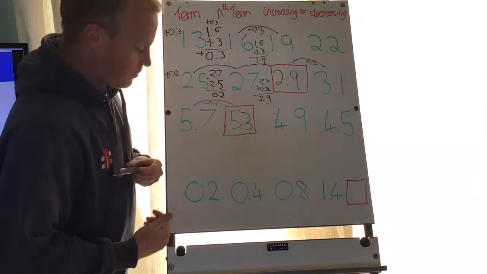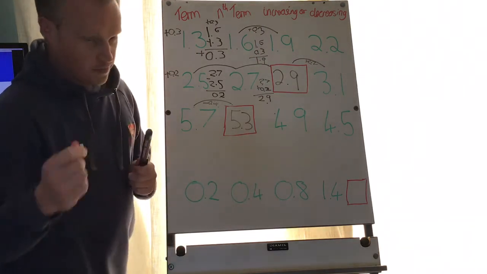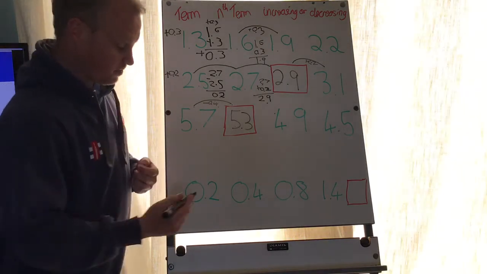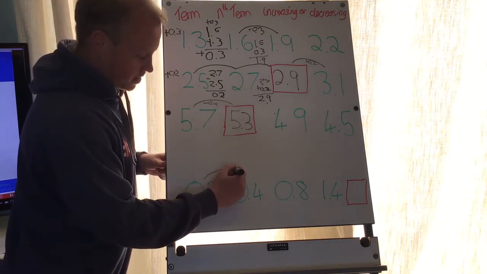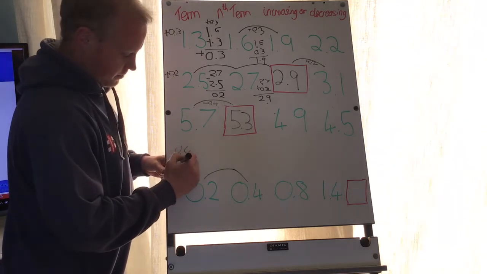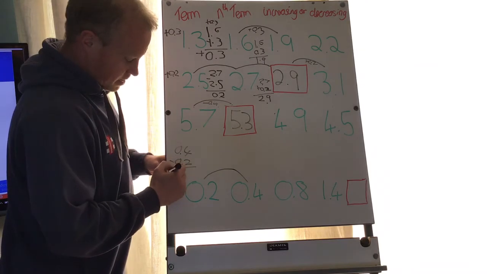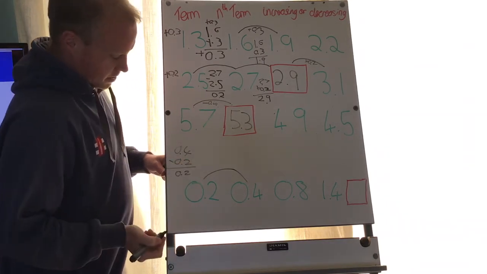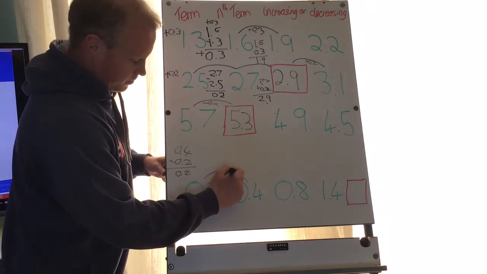Sometimes they don't increase by a constant amount. The trick here is you need to get down as much information as you can possibly work out. So I'm going to look at this jump here. 0.4 take away 0.2 means there was an increase of 0.2.